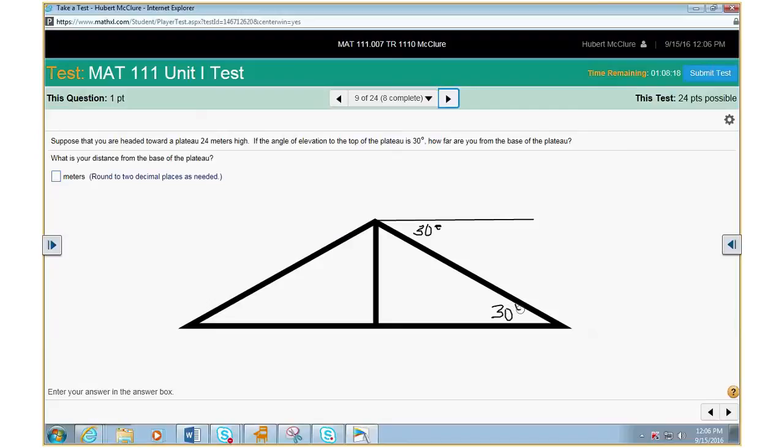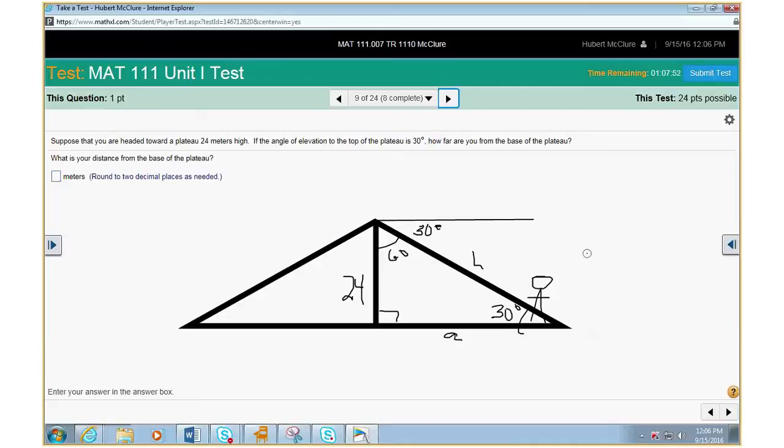So of course, you know that this is 90. And this is 60. And they want to know your 24 meters high is right here. The little man is right here. So that's your hypotenuse and that's your adjacent.